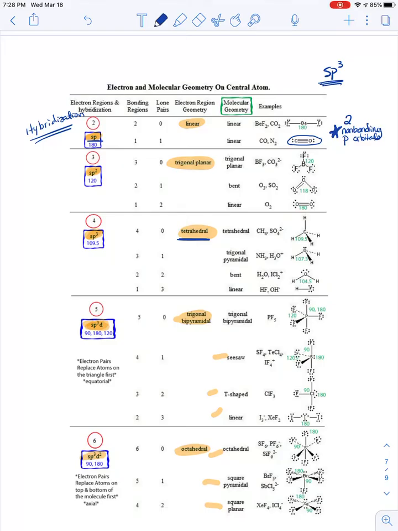Just keep that handy, because that information is going to come into play when we talk about double bonds. This one has one non-bonding P orbital. What you want to know is that those P orbitals can do their own special kind of P overlap, and these are the orbitals that are going to make up the second part of a double bond or a triple bond.